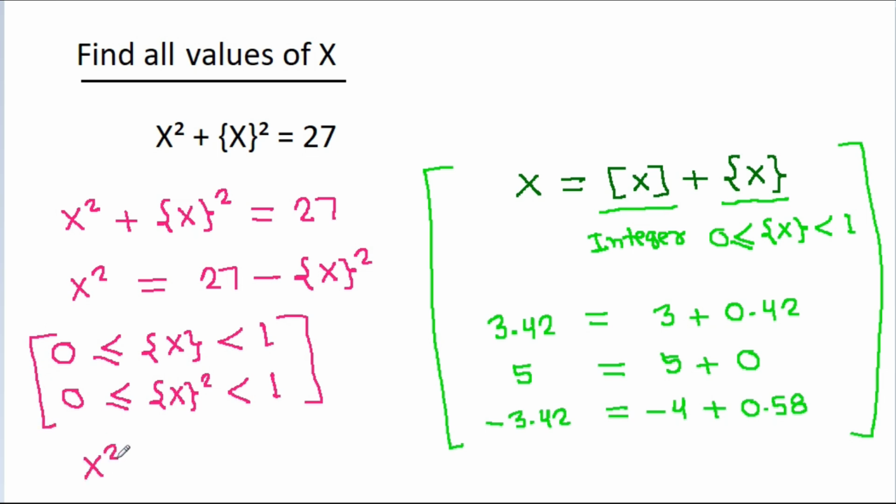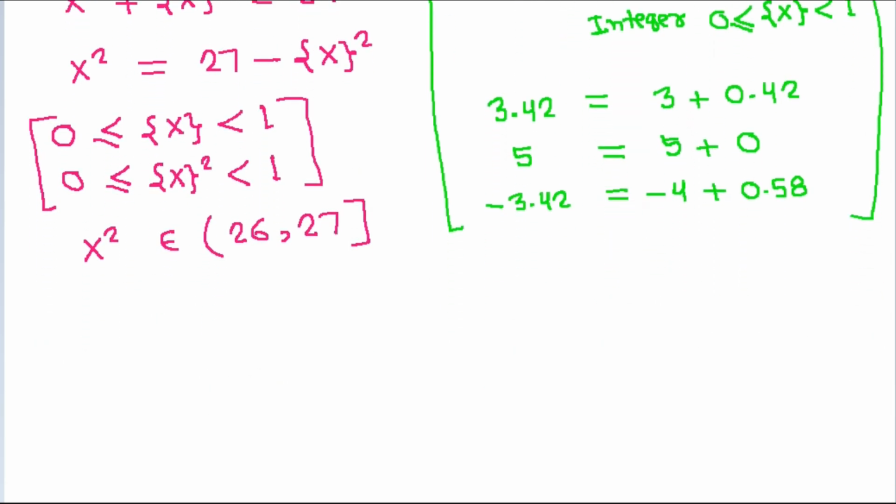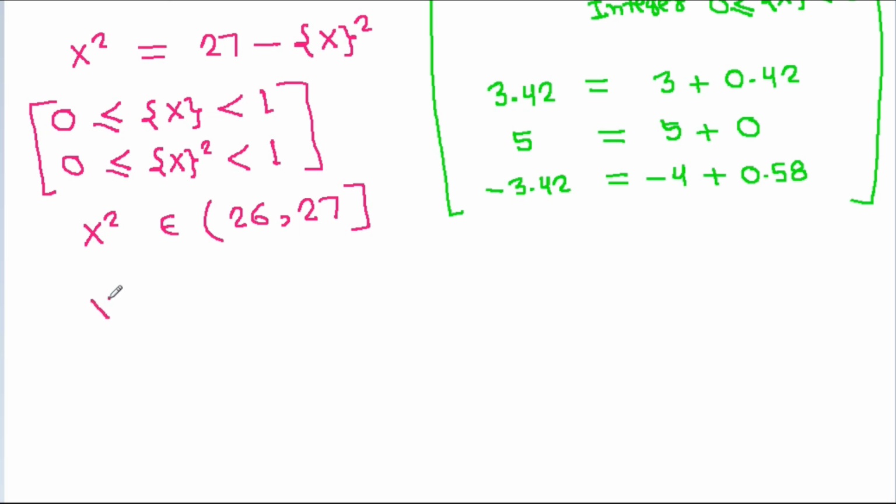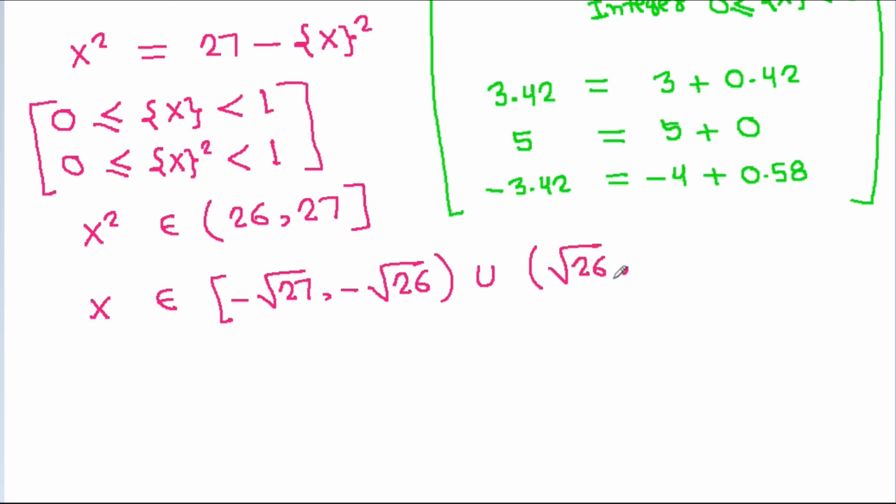That means x² will belong from 27 minus 1, which is 26, to 27 minus 0, which is 27, and x will belong from minus square root of 27 to minus square root of 26, union square root of 26 to square root of 27.